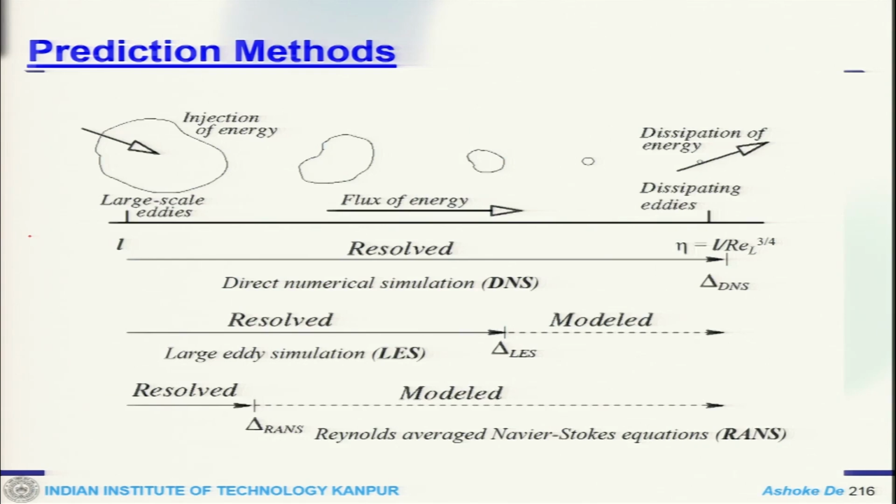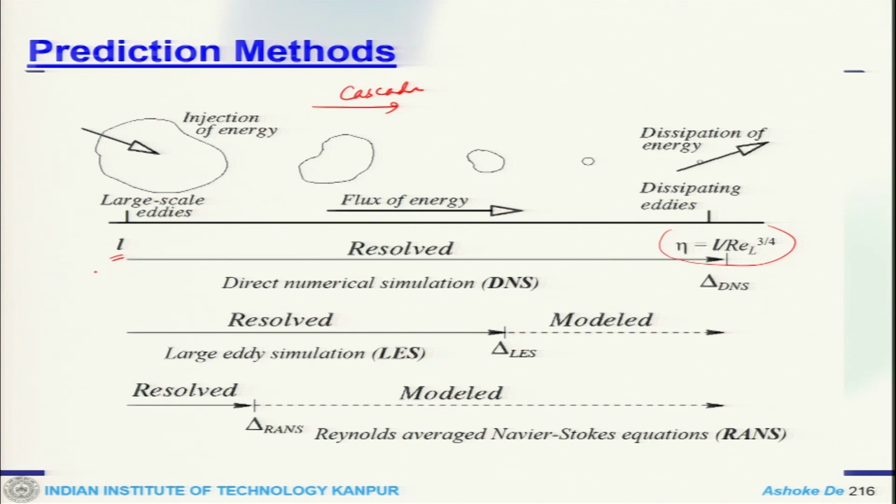And that is the increasing level of complexity. Now, what model does what? If you look at the energy spectra quickly, this is my large scale energy containing structure, then the energy cascade takes place, and finally it comes to the small scale where it dissipates. So, this is my length scale at large scale, and this is my smallest scale at the dissipation range.